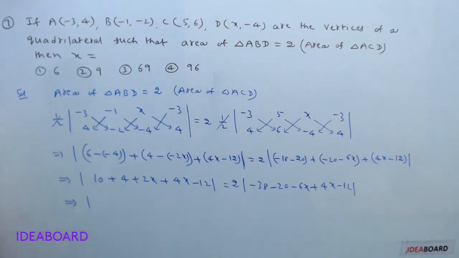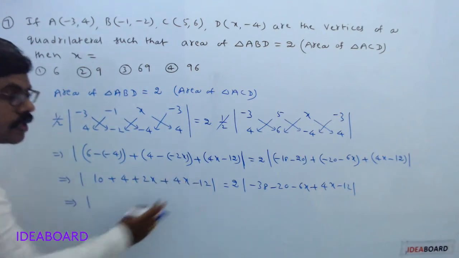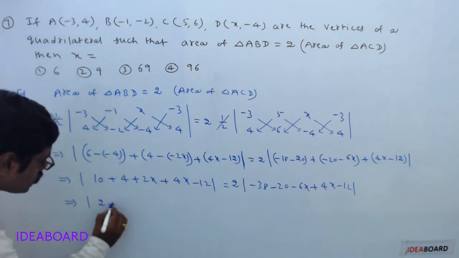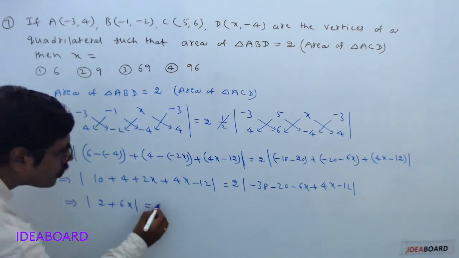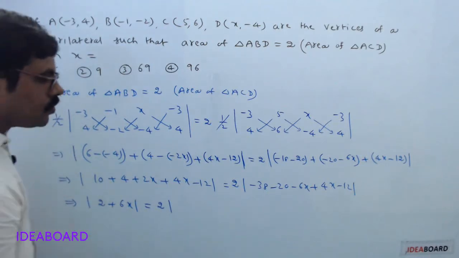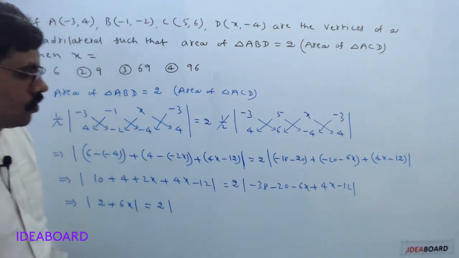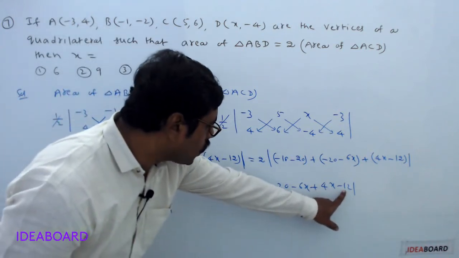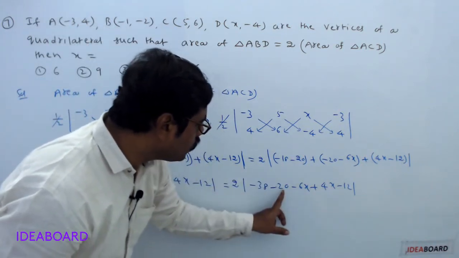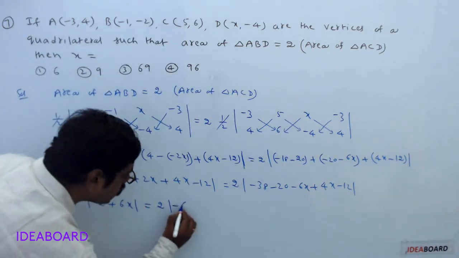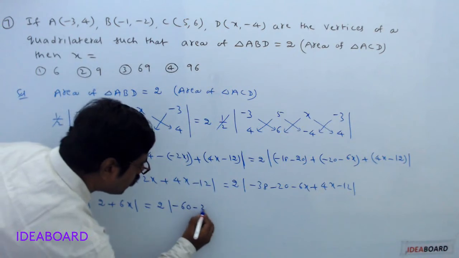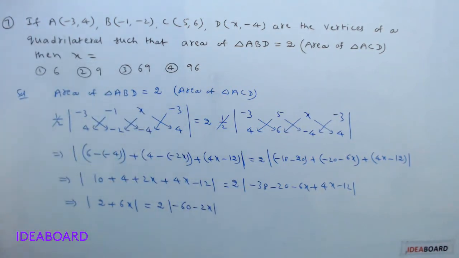So from this equation, what about the constant terms? 10 plus 4, 14, 14 minus 12, that is 2. 2x plus 4x, 6x equals to 2 times of modulus of, first write down the constant terms, minus 38 minus 12, it is minus 40, minus 20, minus 60, minus 6x plus 4x minus 2x.